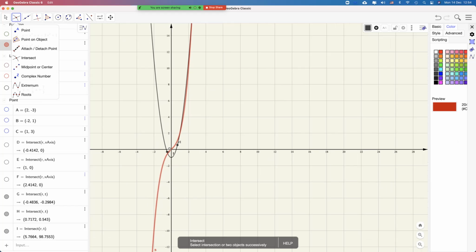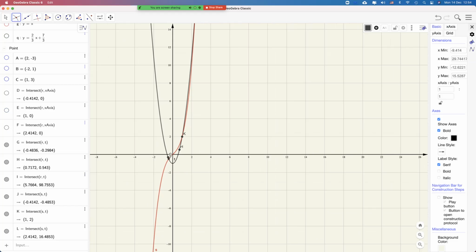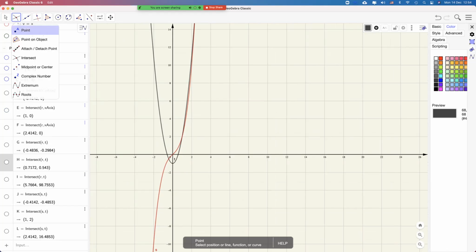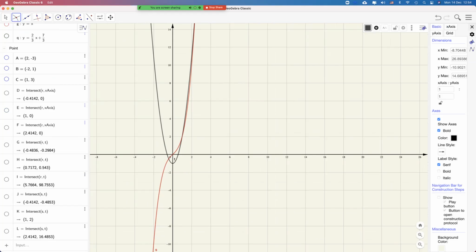So let me go to intersection points. This one, yeah, I don't know what those points are. So let me get rid of all these, and then let me do it once more. I go to this intersection points and then I click on the black one and the red one and I don't get anything.